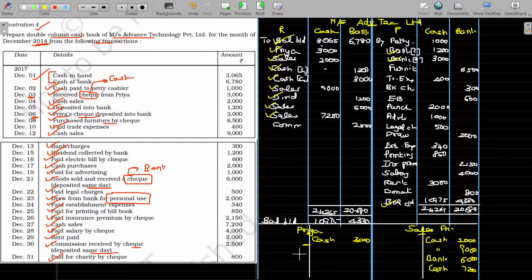Now dividend. In the credit side, bank, 1200.